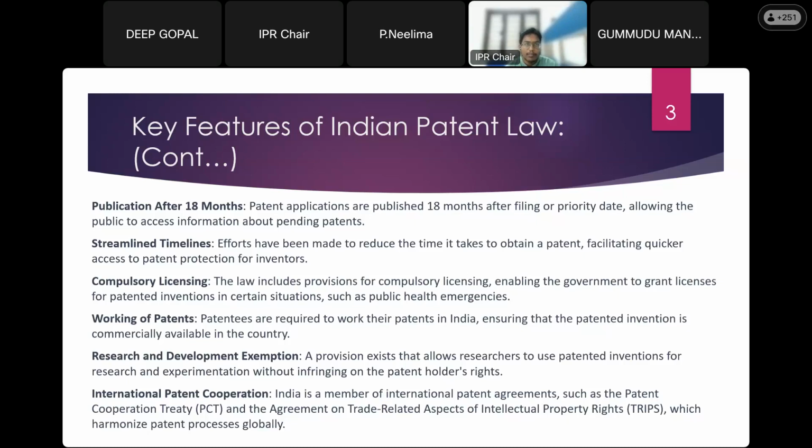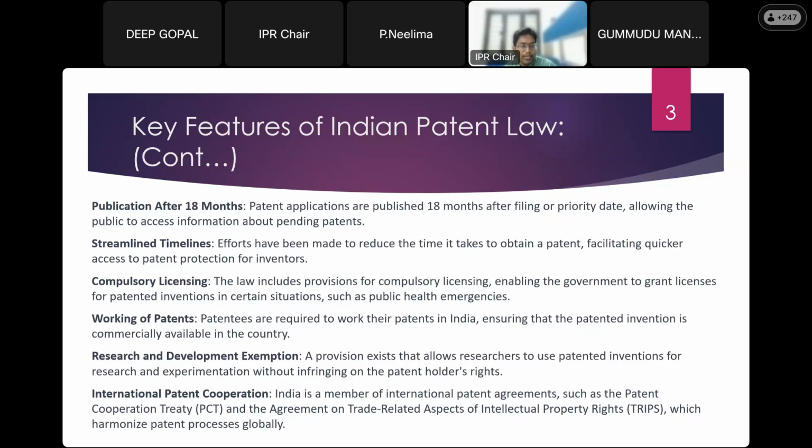Infringement basically means that without the consent of the patentee, the person who got the patent, if you start using, selling, or importing, then that is called infringement. So for the purpose of research and experimentation, yes, you can use that. Though you don't ask any consent from the patentee, it is still not considered infringement.